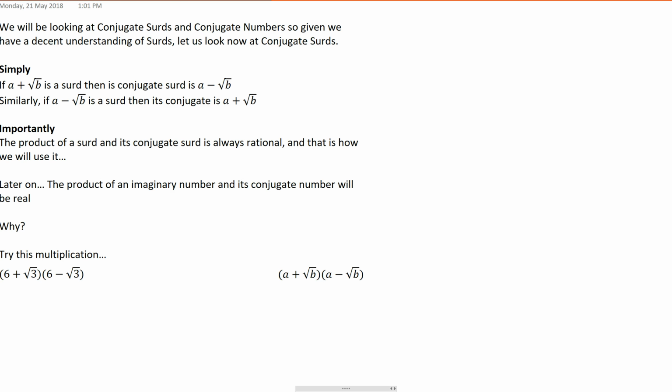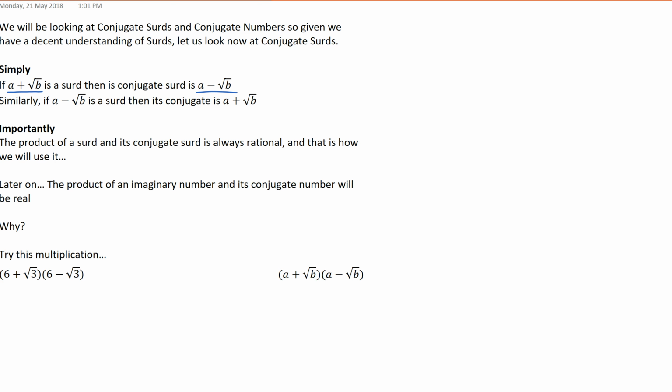So introducing it now with these surds is a potentially good place to get an understanding of a conjugate, and then later on we'll come back to conjugates. So a conjugate number is just if that is a surd, then its conjugate is that. So a plus root b, then the conjugate is just a minus root b.